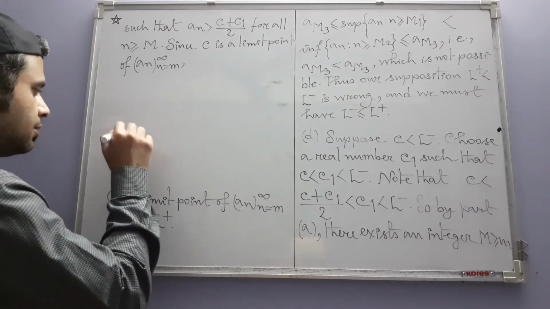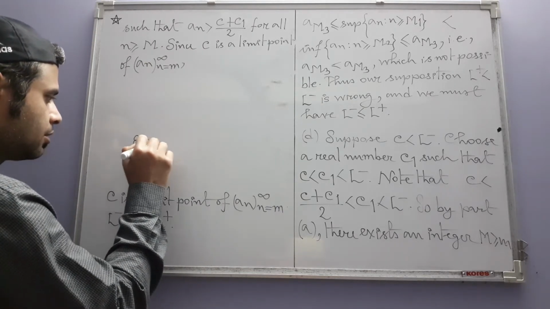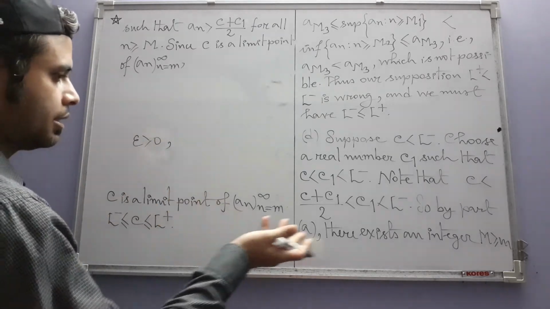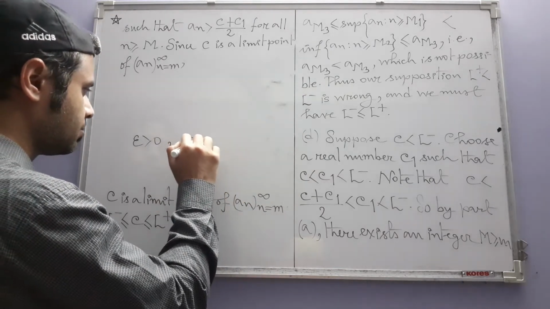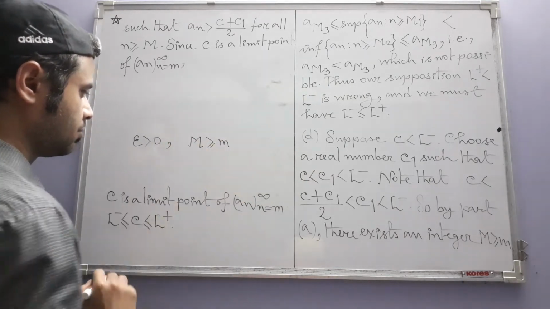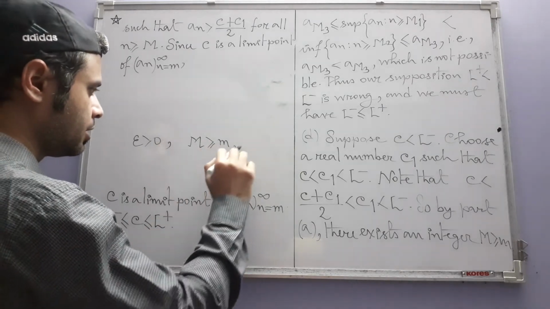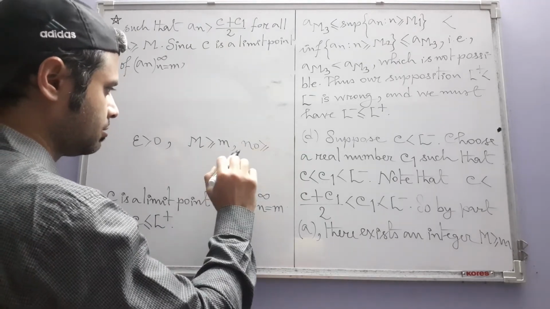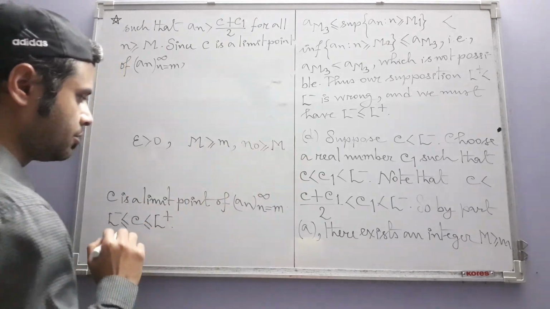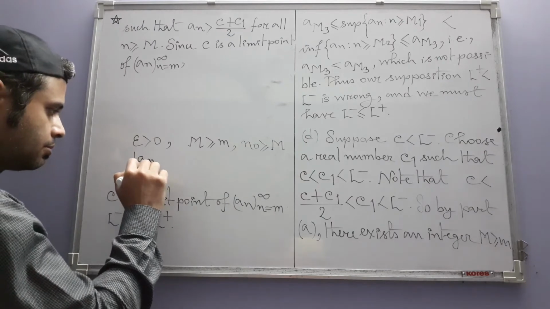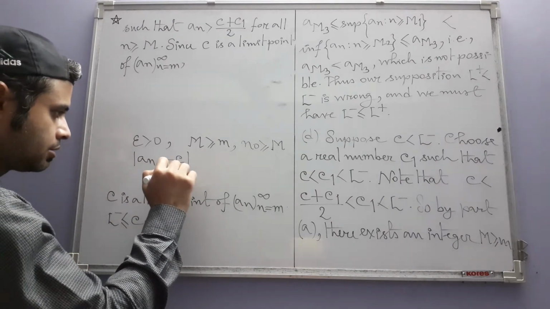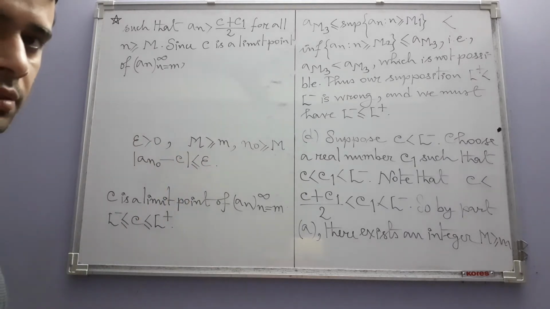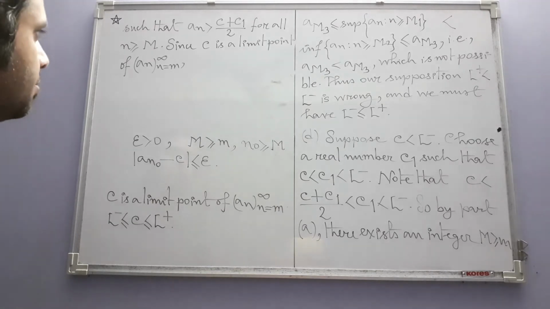For limit point, what we know is this: if we are given a positive real number epsilon and a stage, say that stage is this m itself, then there exists an integer, say n naught, greater than or equal to m, such that the distance between a_n naught and C is less than or equal to epsilon. In fact, that's the definition of a limit point.